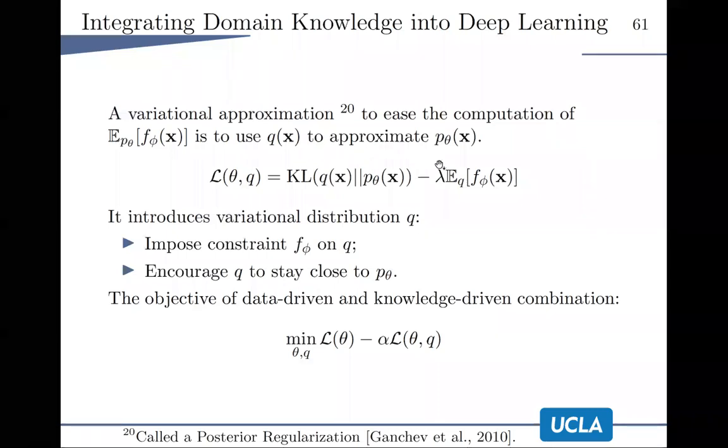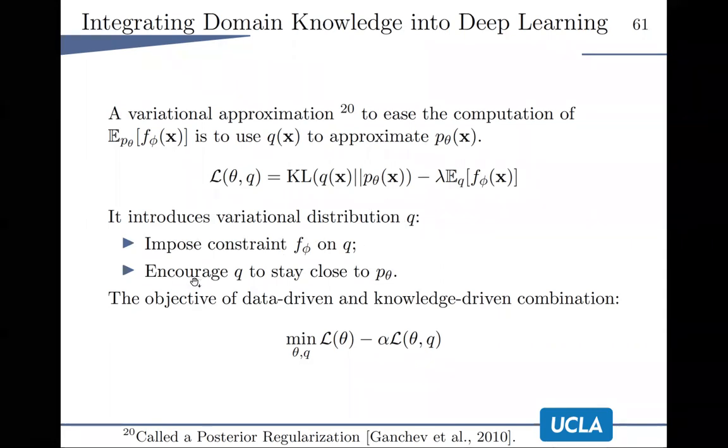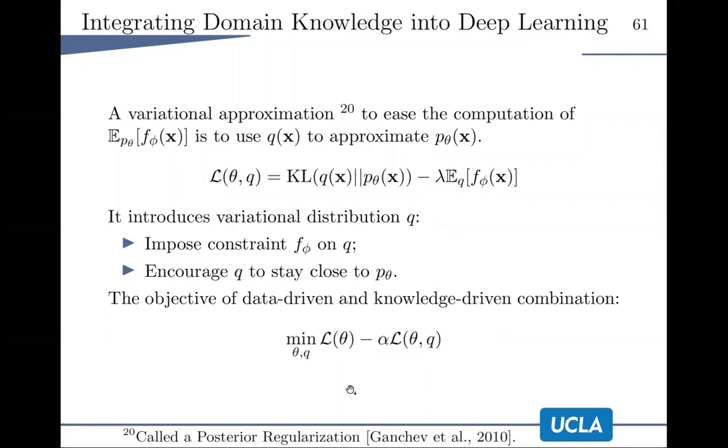We just add another thing called Q. We want Q and P to be similar to each other, and we also want to estimate f phi on Q. It introduces a variational distribution Q, and the objective will finally become a combination where alpha is a parameter to balance their weights.